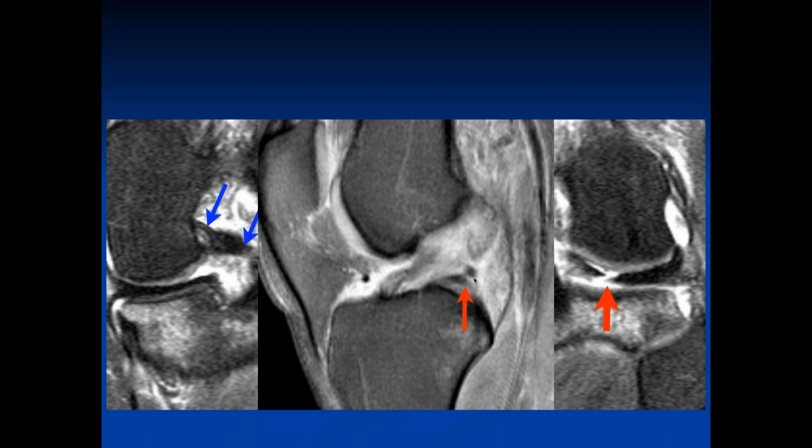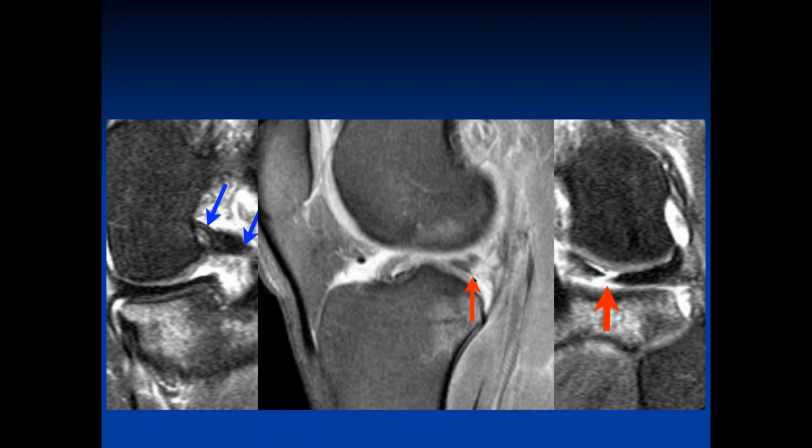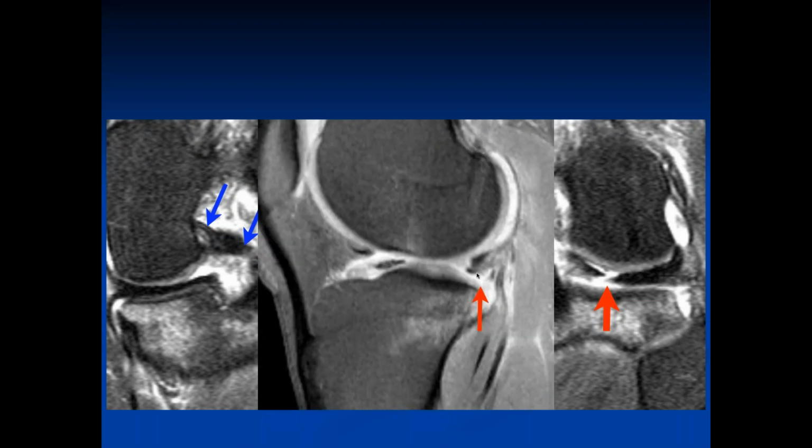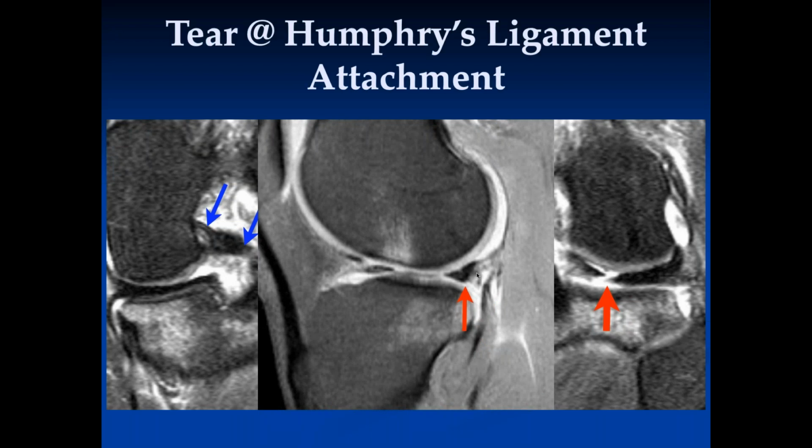So you need to look carefully at the posterior horns of both the medial and lateral menisci when you have someone with an acute ACL tear. And this just shows you that meniscus. I'm sorry, this was Humphrey's ligament.